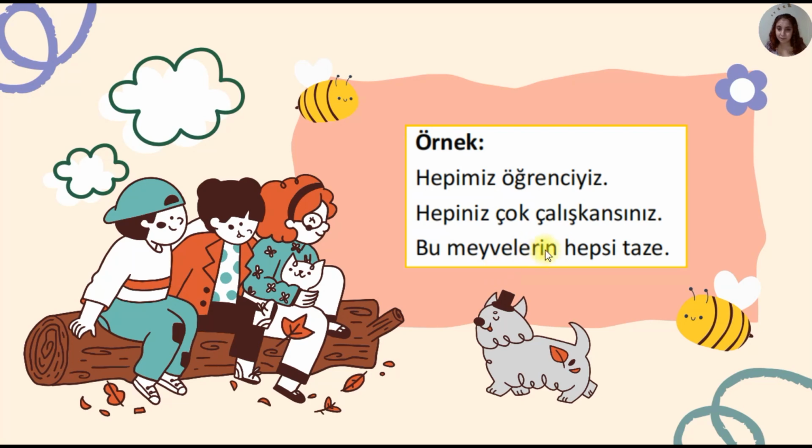Meyvelerin hepsi. This is they subject possessive word for possessive context. And you can assume that if you want to say all of them, and if they subject is clear, you can act like this meyve, fruit, is first word of possessive context, and hep word is second word of possessive context. Meyvelerin hepsi.